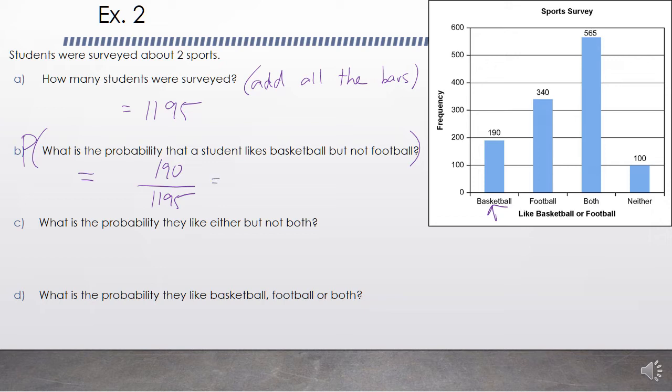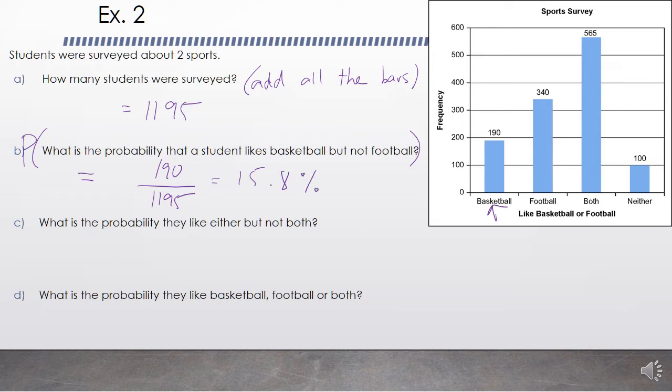Again, since I didn't tell you to leave it as a fraction, decimal, or a percent, you can leave it however you want. However, that fraction probably means very little to anyone. So usually, if that's the case, to make sense of it, we'll convert it to a percent. Top divided by bottom times 100, 1 decimal place, 15.8%.